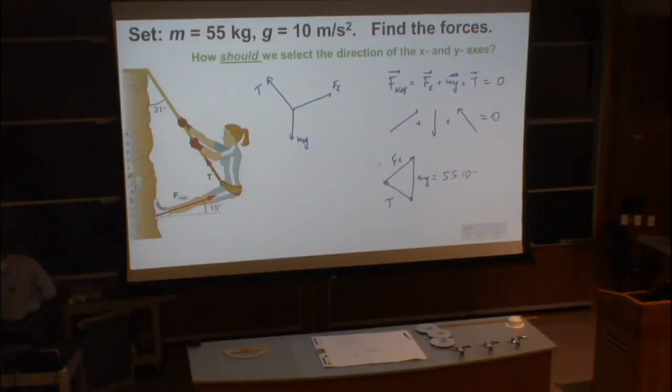5 times 10, 550 newtons. What else do we know in this triangle? Angles. Be careful with which angle is which.